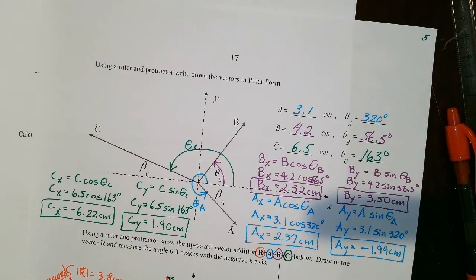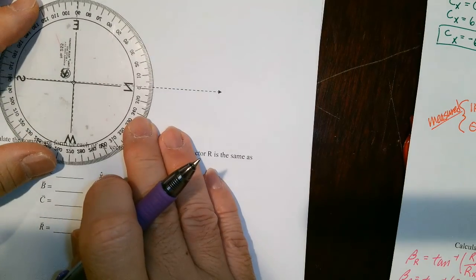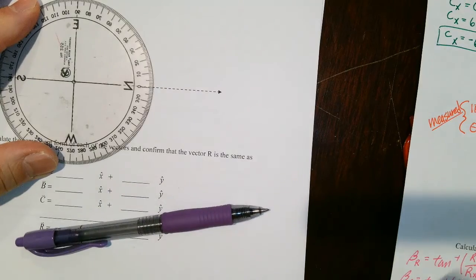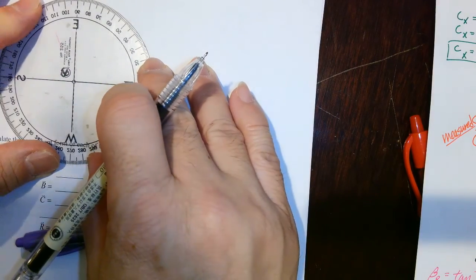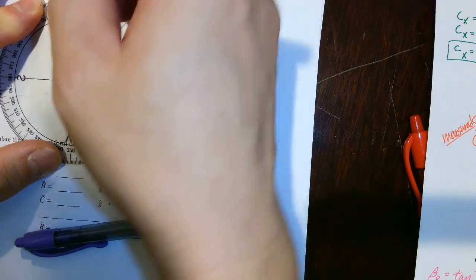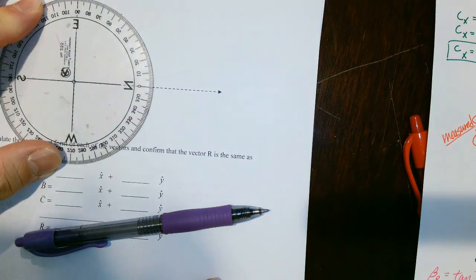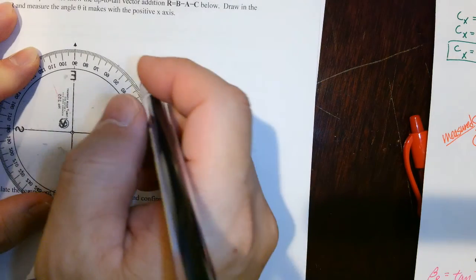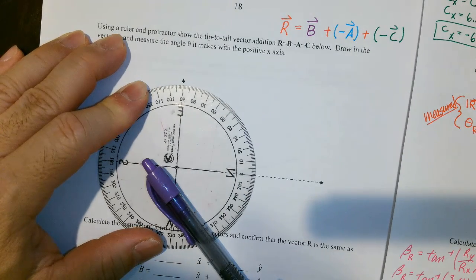So first I need to measure out my 56.5 degrees. Due to the parallax, you could see it's slightly like 56.